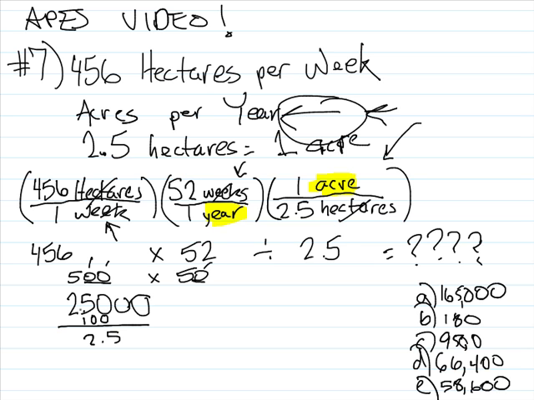If 250 divided by 2.5 is 100, then 2,500 divided by 2.5 is 1,000, and then 25,000 divided by 2.5 would be 10,000. So I could use that sort of logic. I could just start with what I know. I knew that 2.5 divided by 2.5 equaled 1, and I just kept making that top number bigger. So this would equal 10,000.